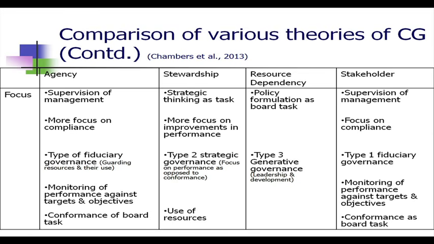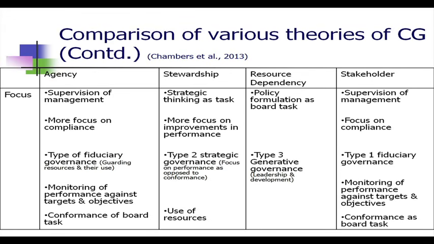So they are not looking so much towards compliance as the quality of performance of the management. They are focusing on improvements in performance. They are thinking strategically. They are trying to find out how they can serve the interests of the stakeholders and how that can serve their own interests also.